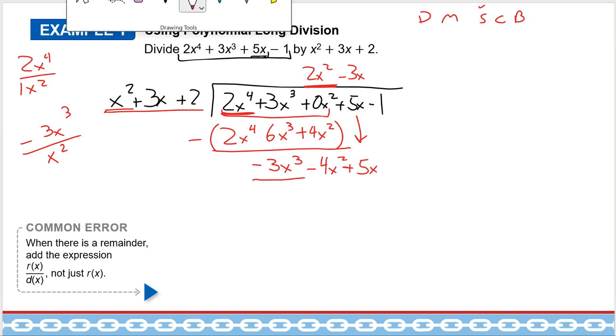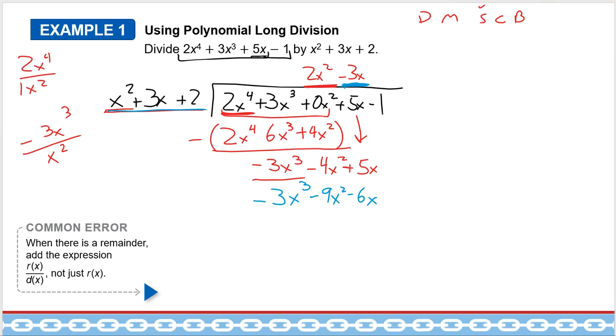This negative 3x is going to get multiplied by all of this. So negative 3x times x squared would be negative 3x to the third. Negative 3x times 3x would be minus 9x squared. Negative 3x times 2 is negative 6x.